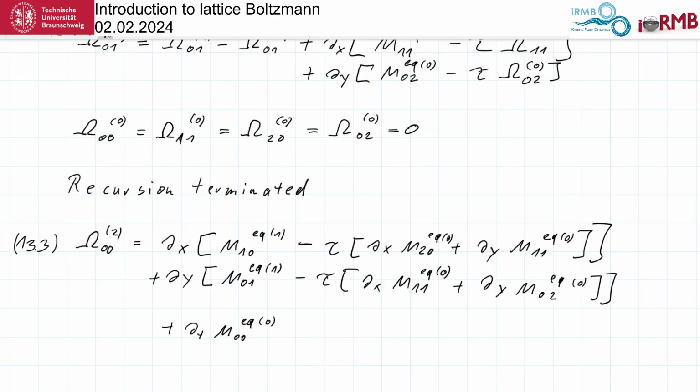So this is the equation that whatever we do will be solved, and the only thing that we need to do now is to decide what is tau and what are our equilibria.